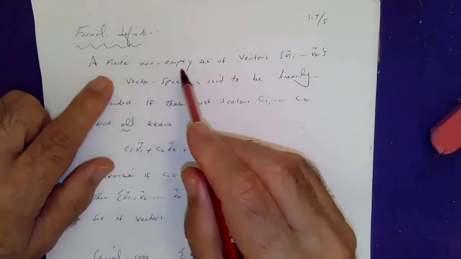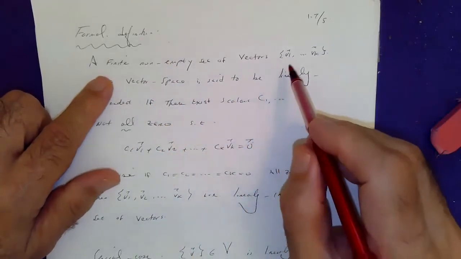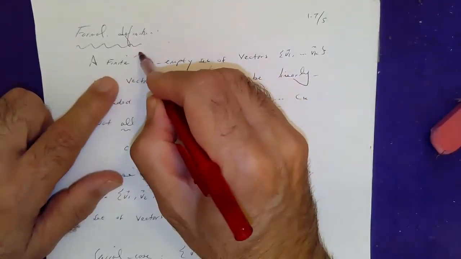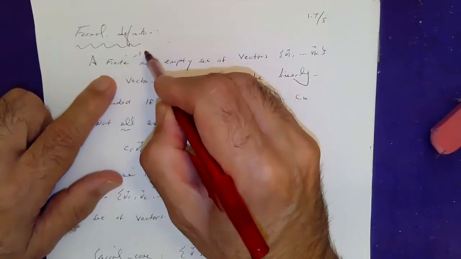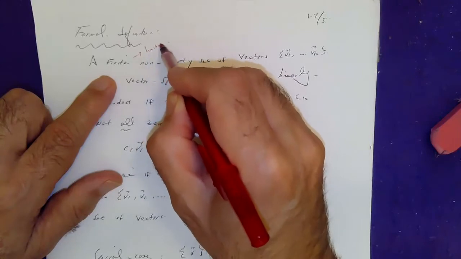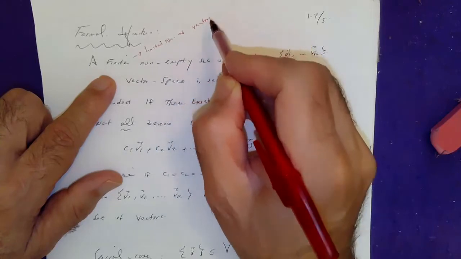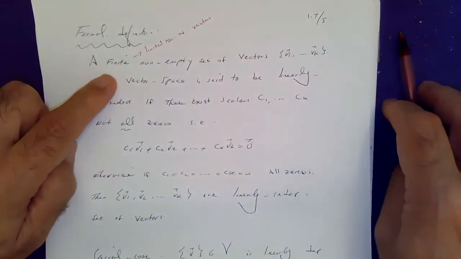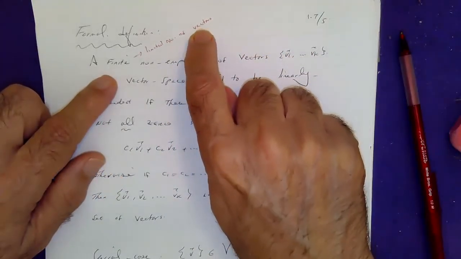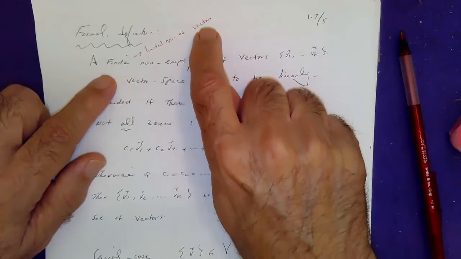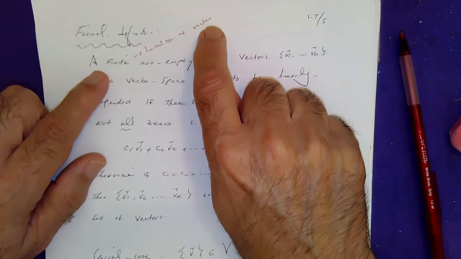A finite non-empty set of vectors v1 through vk. Finite means you have a limited number of vectors. Remember, when I say vectors, that's a loaded word in linear algebra. That could be vectors, it could be functions, it could be matrices, it could be derivatives, who knows?